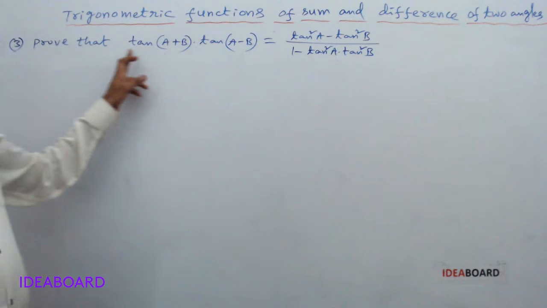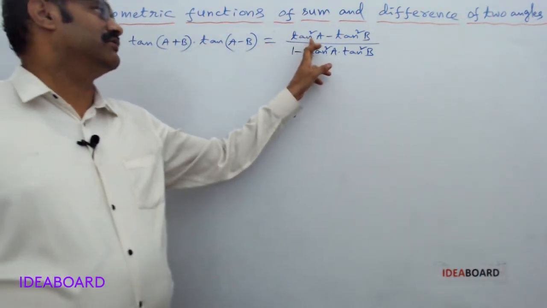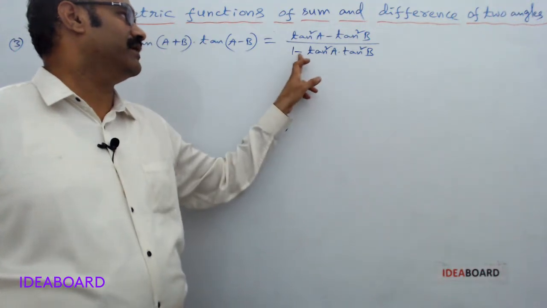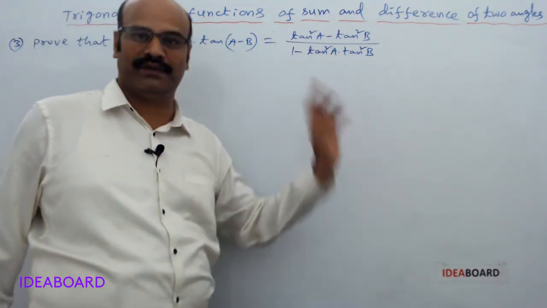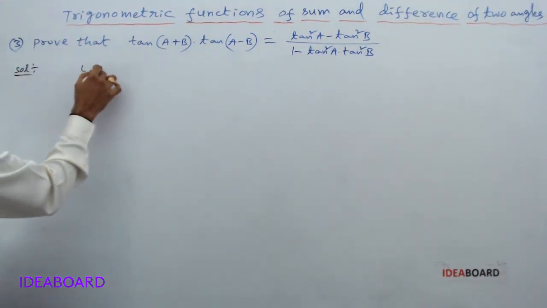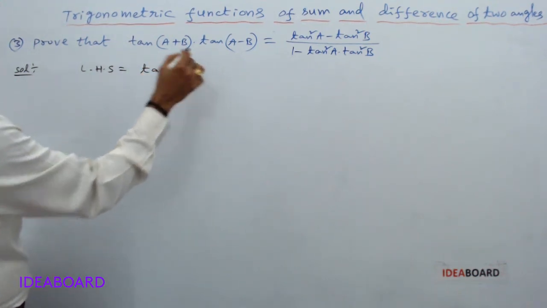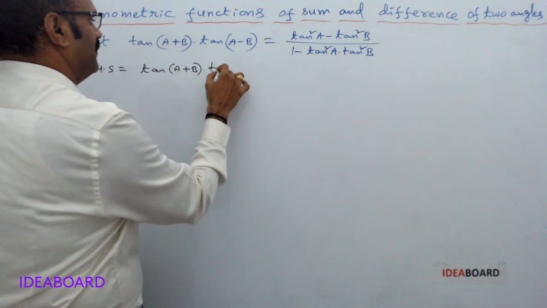Third one, prove that tan of a plus b into tan of a minus b equals tan square a minus tan square b by 1 minus tan square a into tan square b. Solution: LHS equals tan of a plus b into tan of a minus b.